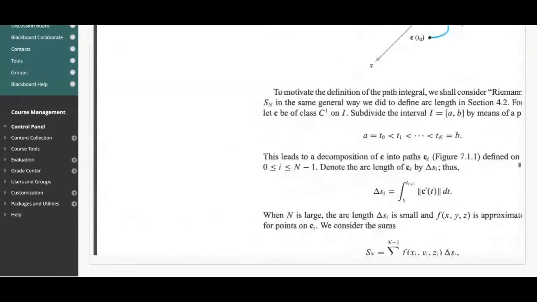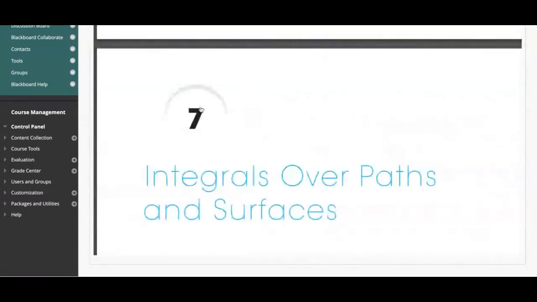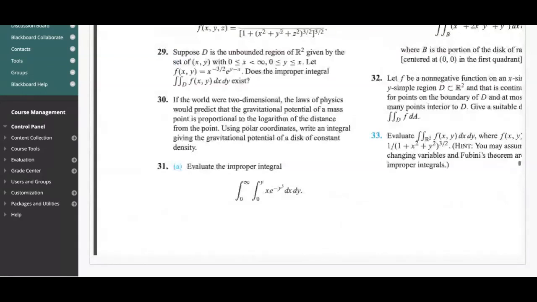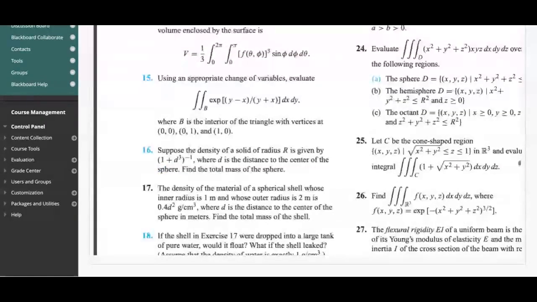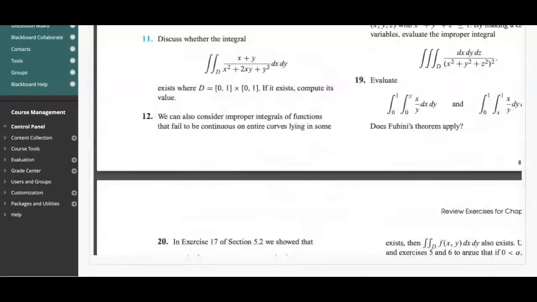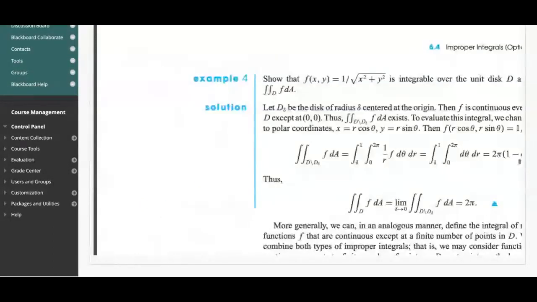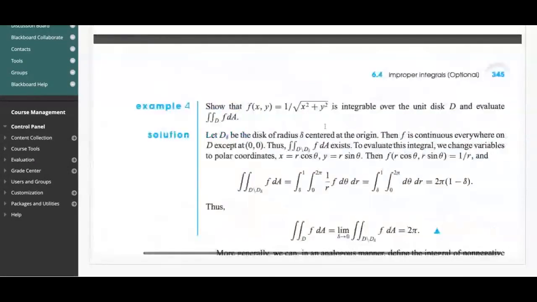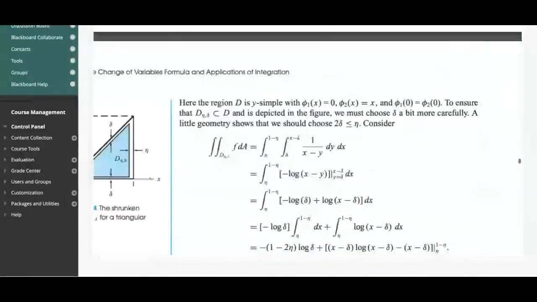Okay, any other questions? Okay, we're not going to chapter 7. We're going to finish by chapter 6, and if we have time, maybe we'll touch on improper integrals.